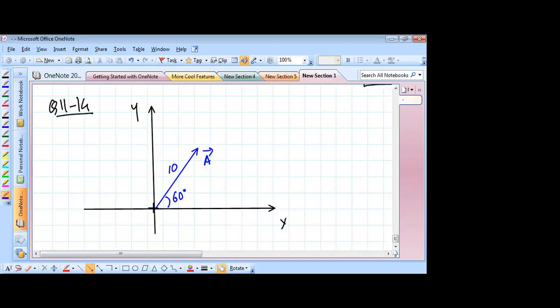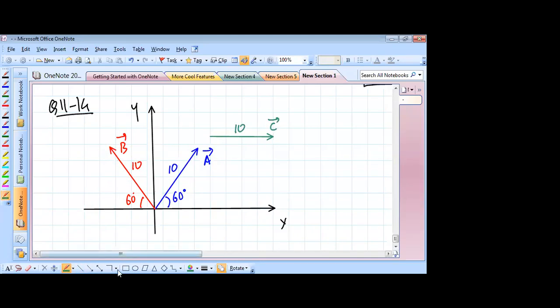Vector B is also of magnitude 10 units, but this angle is 60, which means that its angle with the x-axis is actually 120. And then finally another vector C is shown to us, which is lying along the positive x direction, like this. And that is also the same magnitude 10.